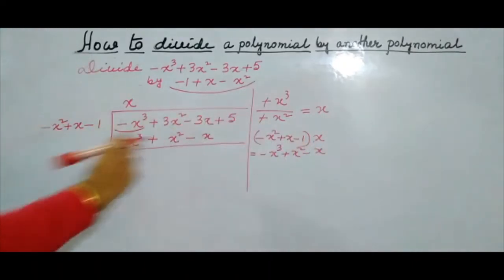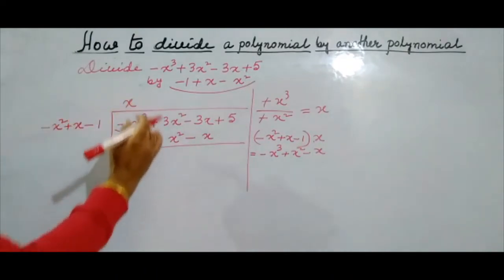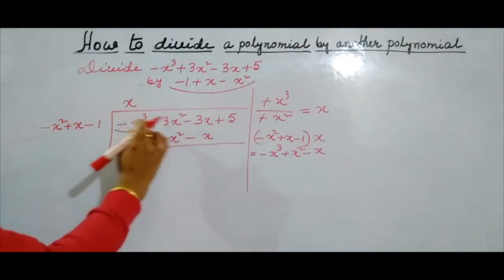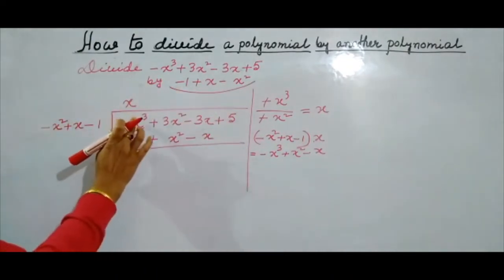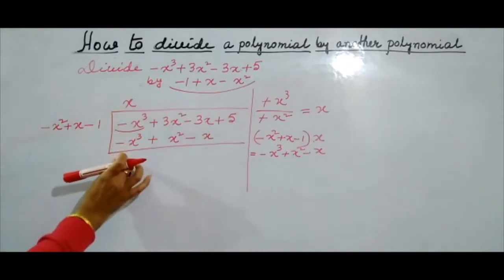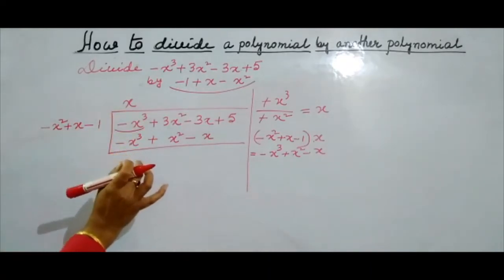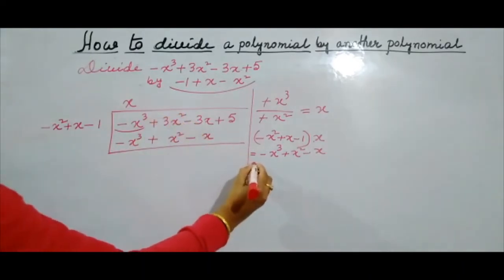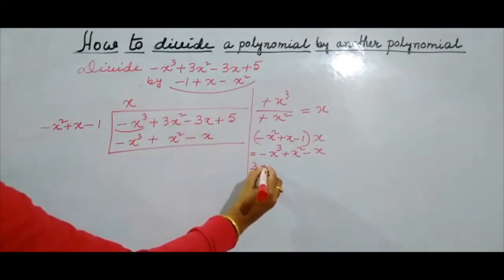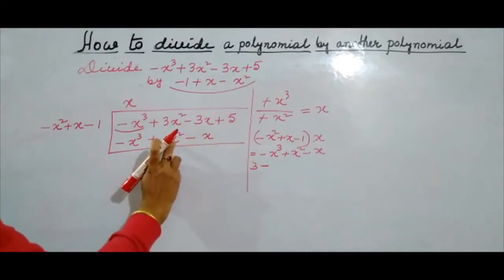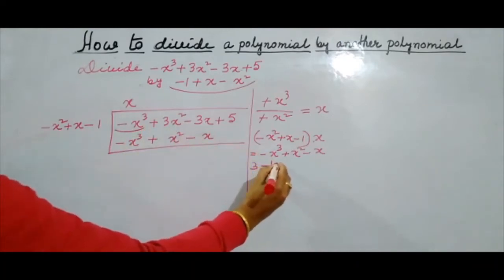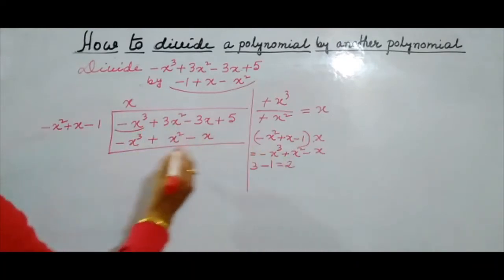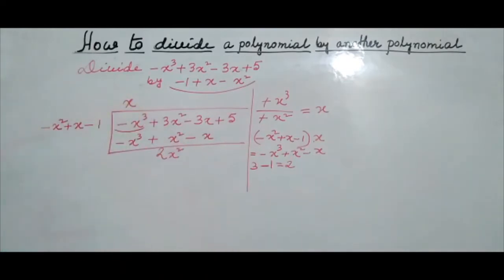Very simple. Okay, now what we have to do, we have to subtract this polynomial from this polynomial. So this minus this is always equal to 0, you remember. Now coefficient of x square, here it is 3, so 3 we are subtracting, for that one minus sign, and coefficient of x square, here it is 1, so 3 minus 1 is equal to 2, so it will be 2x square. Very simple.